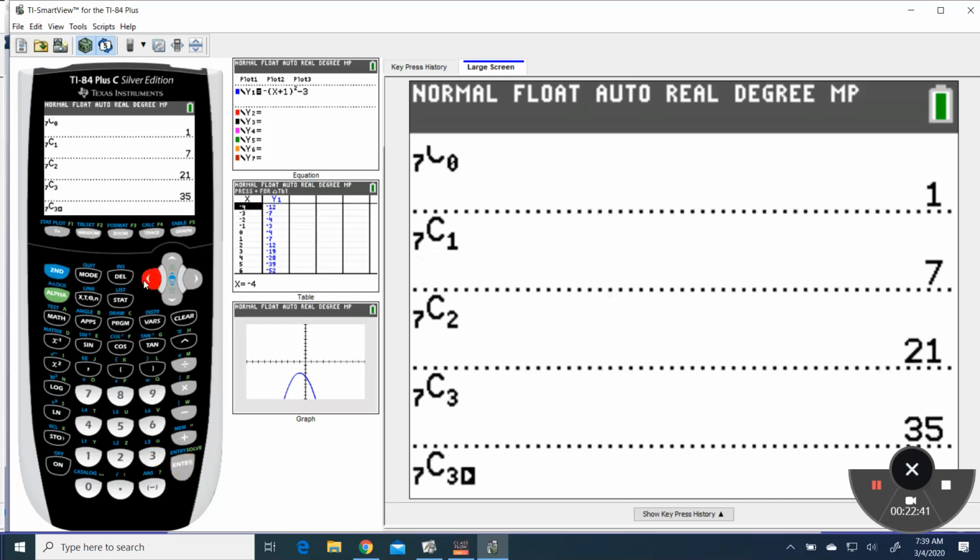Do it again, change that 3 to a 4. There's another 35. The next one should be 21. So there it is. This is generating Pascal's triangle numbers.